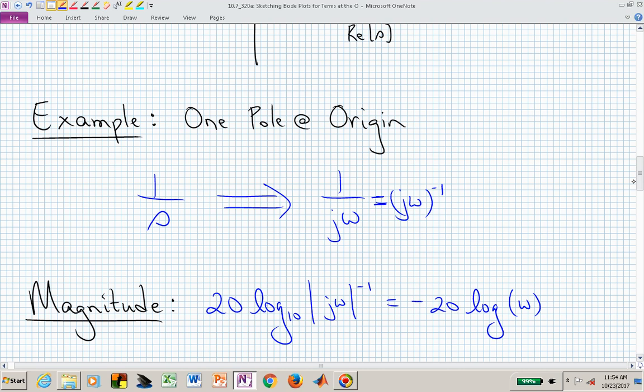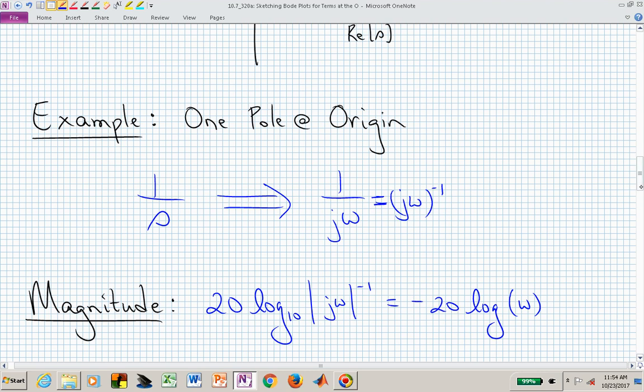We now want to look at the magnitude of 1 over j omega, or j omega to the minus 1. The magnitude of that, j has a magnitude of 1, so we can just eliminate the j, and with that minus 1 exponent moved to the front, we now have minus 20 log of omega when we're dealing with a single pole at the origin.